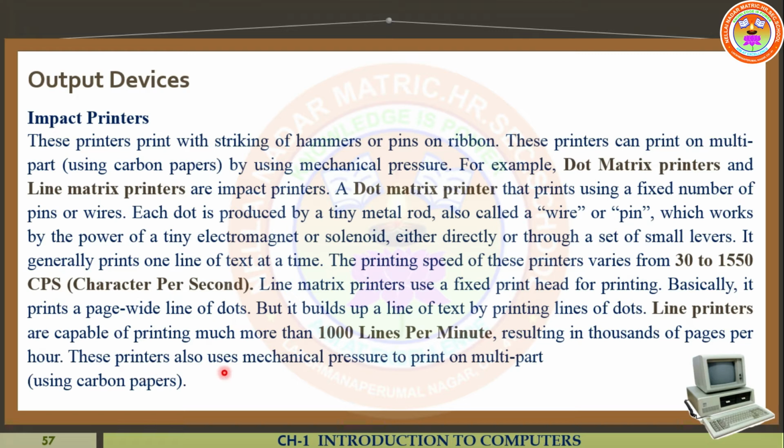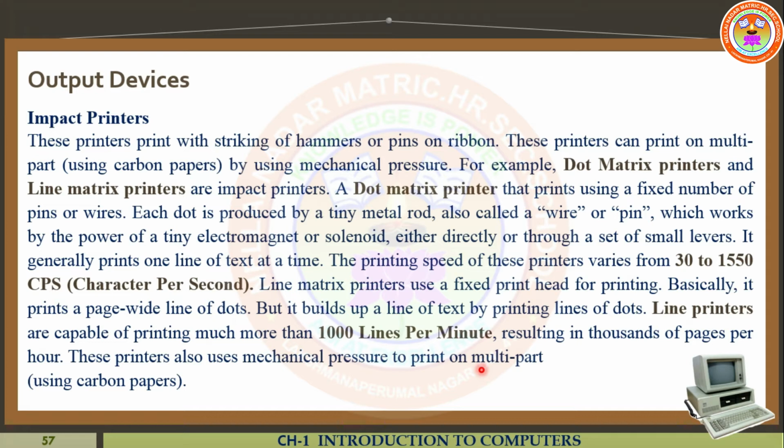These printers use mechanical pressure to print multi-part paper. So both dot matrix printers and line printers print the message using what mechanism? By mechanical pressure, to print the multiple parts of the carbon papers.